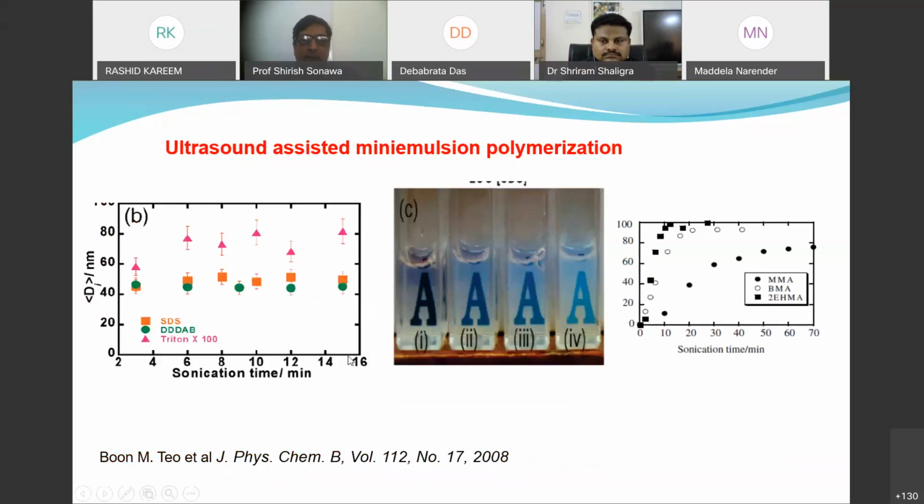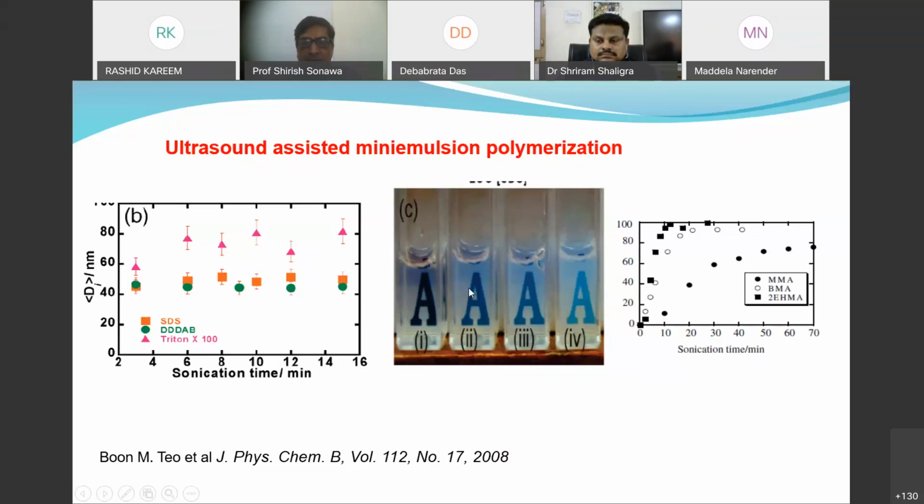You can see the left hand side graph. This is the sonication time. Within 14 minutes, you can have almost 40 to 60 nanometer size latex. Now, in the middle figure, as the time changes, you can see the color of the latex change as the polymerization is initiated.